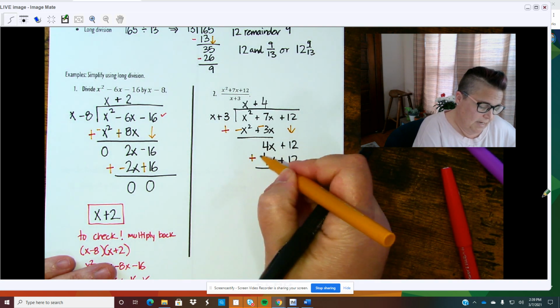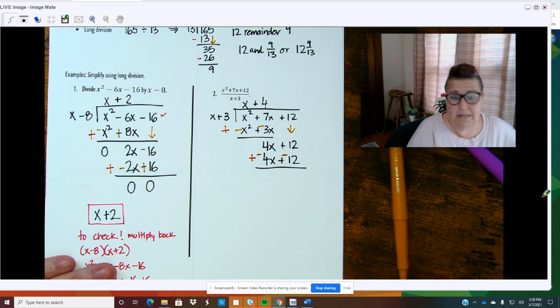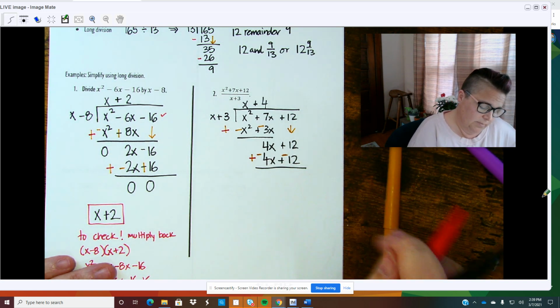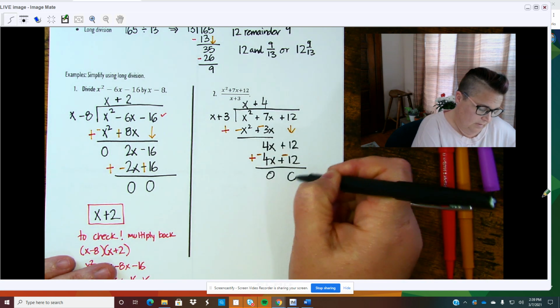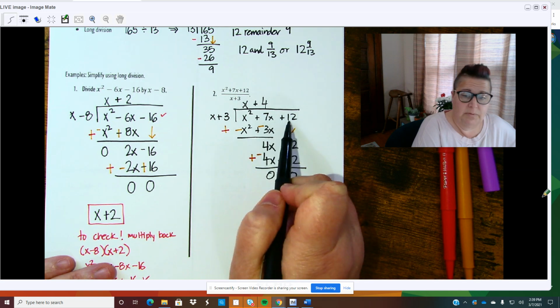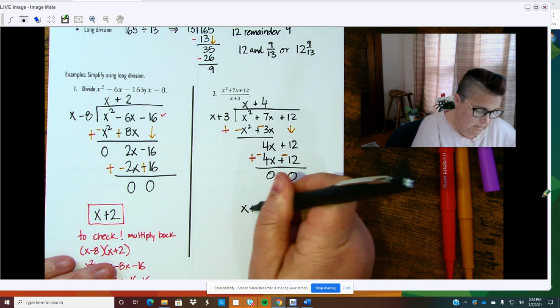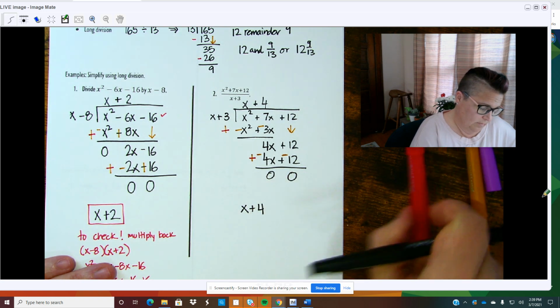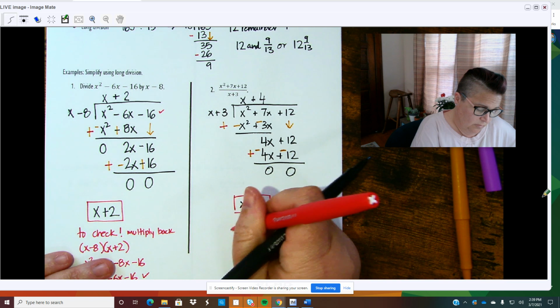Subtraction is the same as adding opposites or distributing that negative. 4x minus 4x is 0. 12 plus a negative 12 is 0. So if I take x squared plus 7x plus 12 and divide it by x plus 3, I do indeed get an x plus 4. To check, I can multiply back.